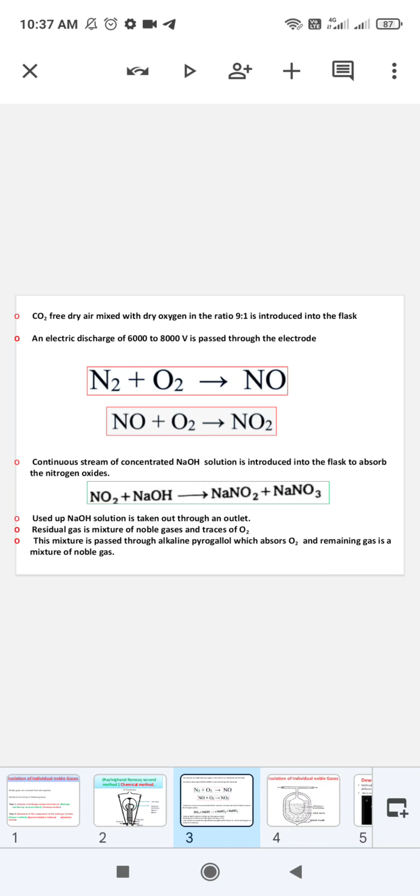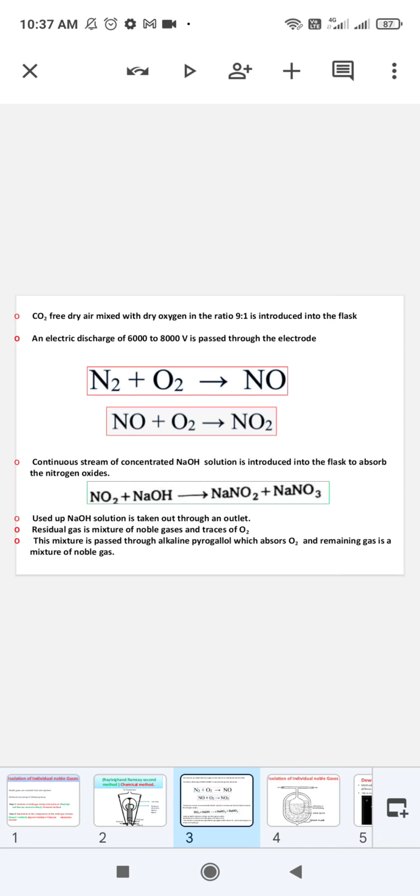First of all, we pass the dry air, which is free of carbon dioxide, through the flask. Then we apply 6000 to 8000 volts through the platinum electrodes. So the nitrogen and oxygen present in the atmospheric air react together to form NO and NO2.